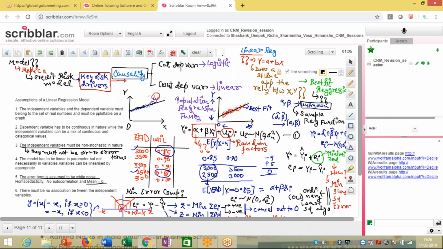To the error terms, right? So they must not be correlated to the error terms.